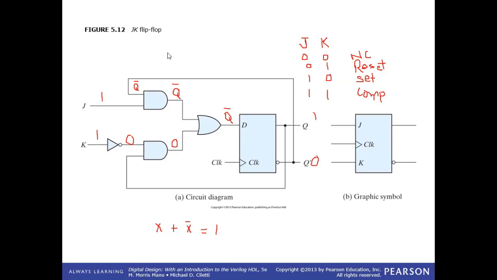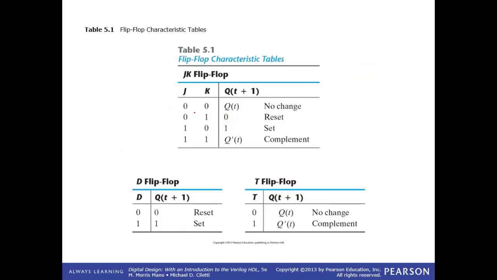Okay. So this JK flip-flop that's in front of us is represented with the symbol that is presented on the right side over here. This JK flip-flop has the truth table that's in front of you now. If J and K both are equal to 0, the output has no change. If J is equal to 0 and K is equal to 1, the output is reset.